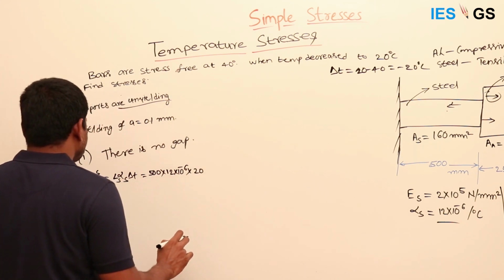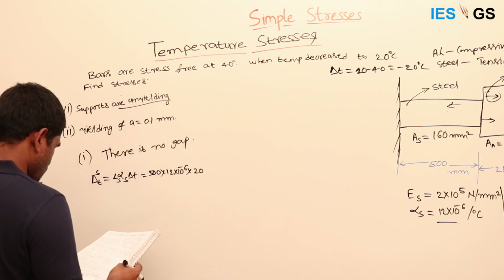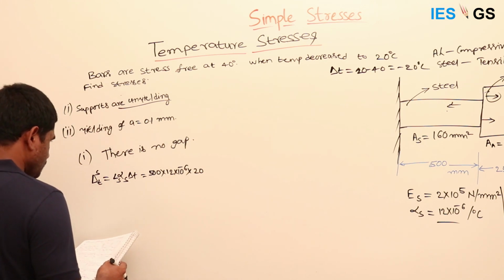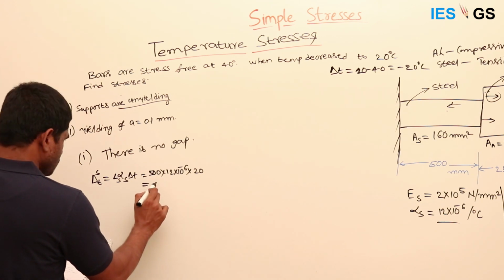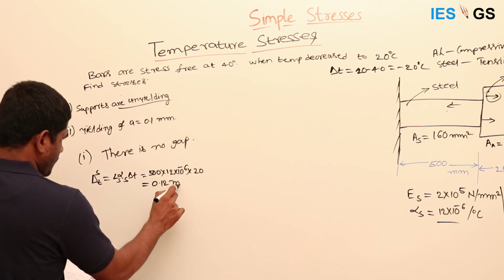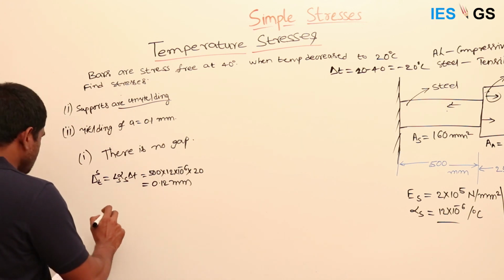We neglect the negative sign here. Then how much value will we get? It is 0.12 mm.